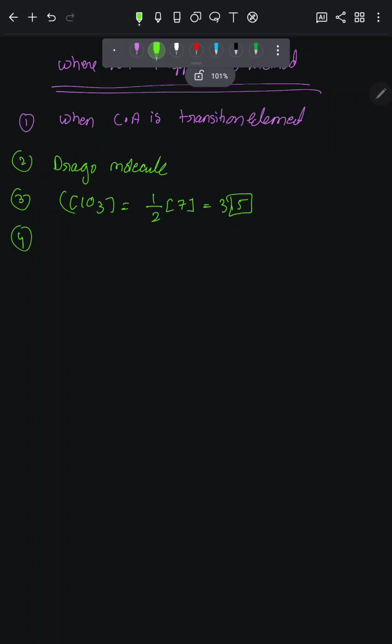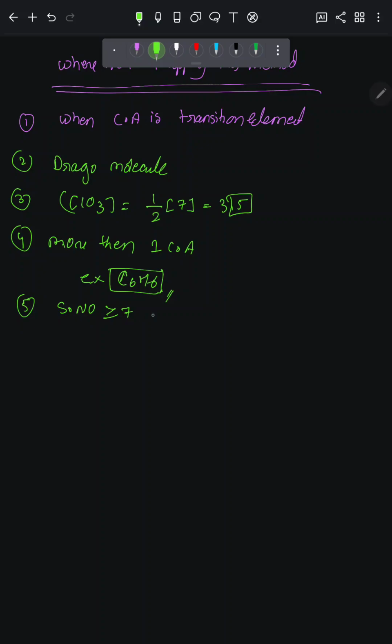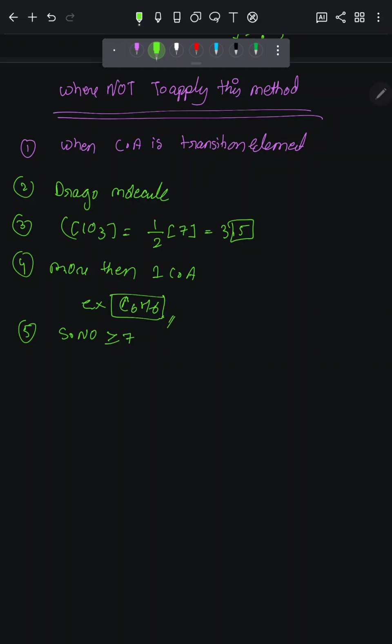Let's talk about the fourth one: when more than one central atom is present, for example C6H6, here it is also not applicable. And the last one is when the steric number is greater than 7, then it is not always the right answer. Sometimes it gives the right answer, sometimes not. So these are all the cases where not to apply this method.